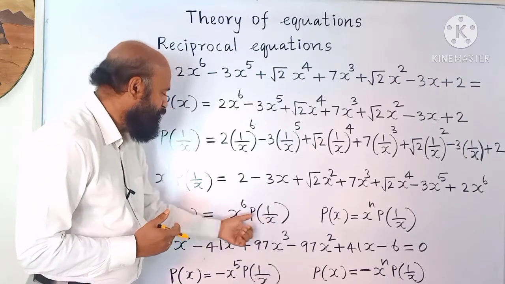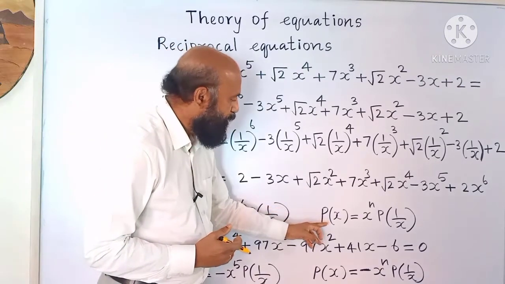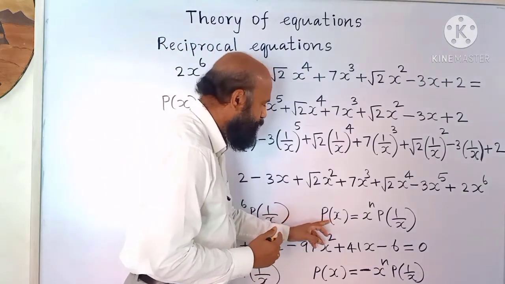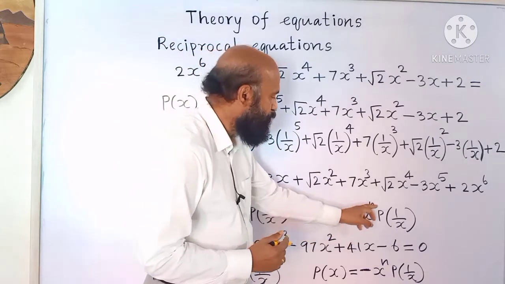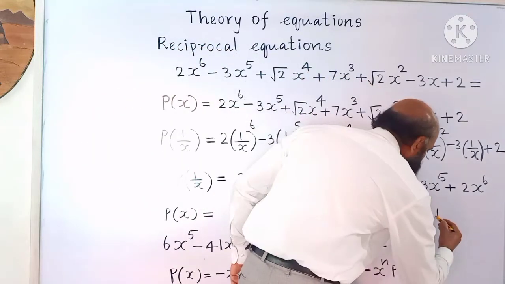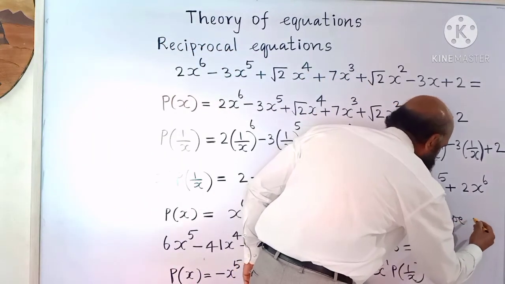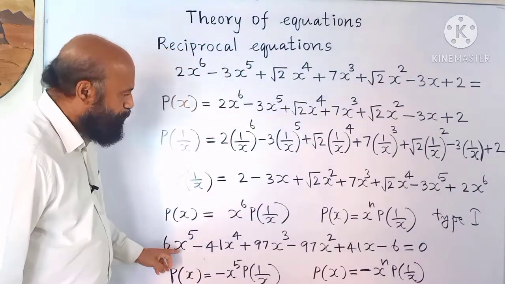So this is what is known as a type 1 polynomial. In general, instead of x raised to 6, it is x raised to n. So this is type 1.